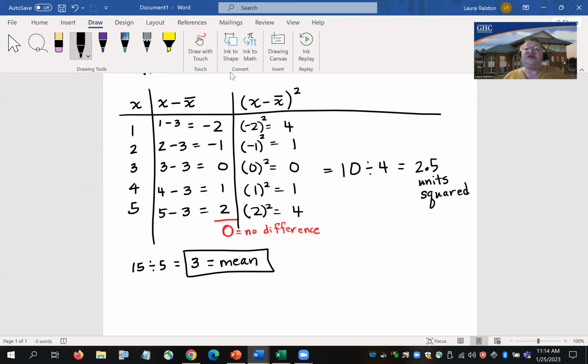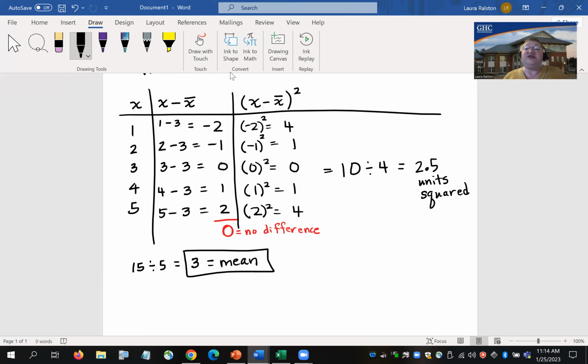So for Thad, his GPA is the data value of interest. That's my X. This is the average or the mean. And this is the standard deviation. So I would plug and chug into that formula.